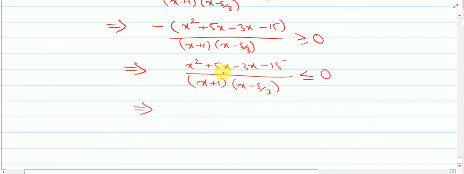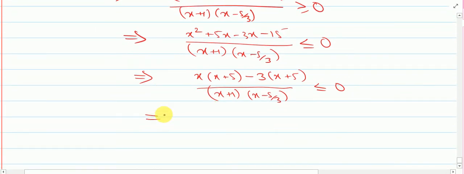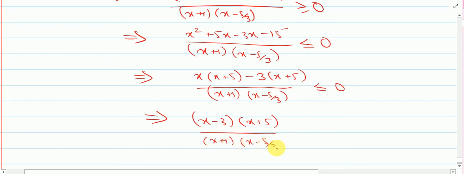And in the numerator you are getting x plus 5 and here minus 3, x plus 5, and here x plus 1 x minus 5 by 3 less than equal to 0. Then you get x minus 3 x plus 5 divided by this.